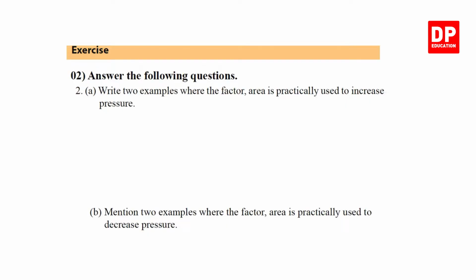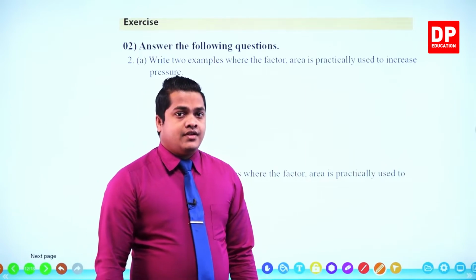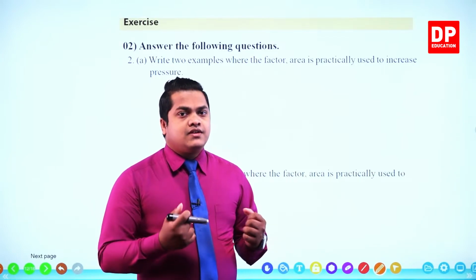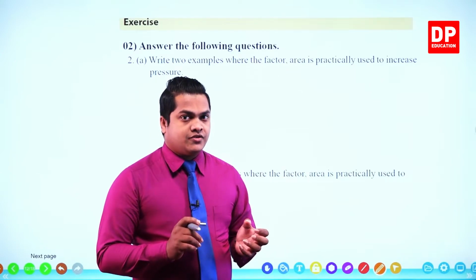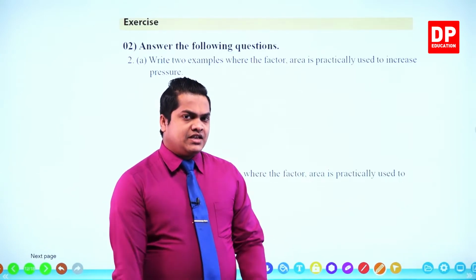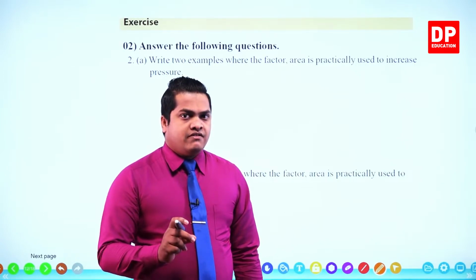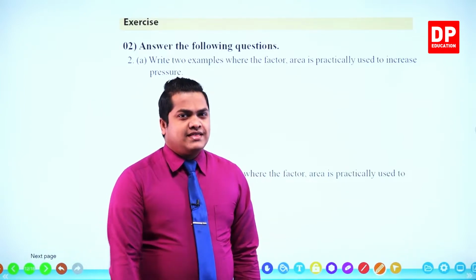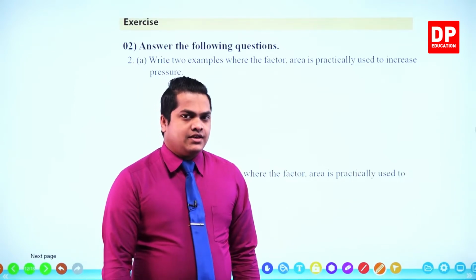Write two examples where the factor area is practically used to increase pressure. Right? Practically, we are going to use the factor called surface area to increase pressure. To increase pressure, we have to make the contact surface very thin.